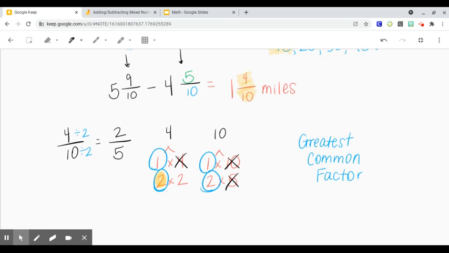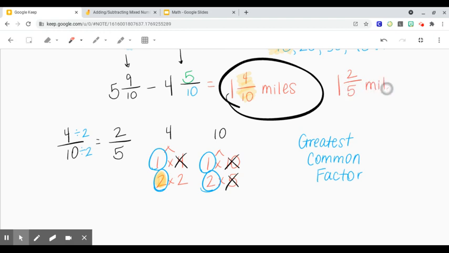So revisiting my final answer here, 4/10 in its simplest terms is 2/5. So 1 and 4/10 in simplest form is 1 and 2/5 miles. So this is our final answer.